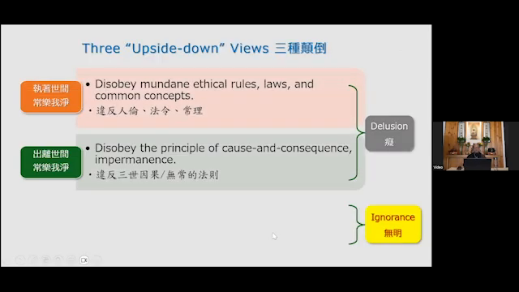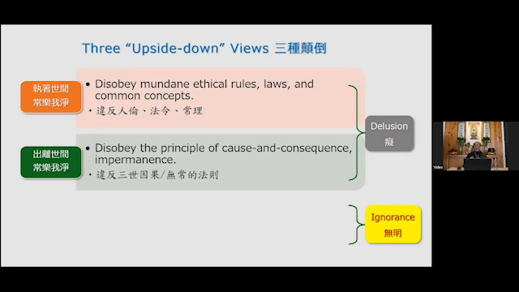For example, I talked about the upside down views in my previous talk. When we live in this mundane world, we know that we need to follow the laws. We have common concepts. There are some etiquettes that we need to observe between people. We have to respect animals, all that kind of mundane ethics that we need to follow.